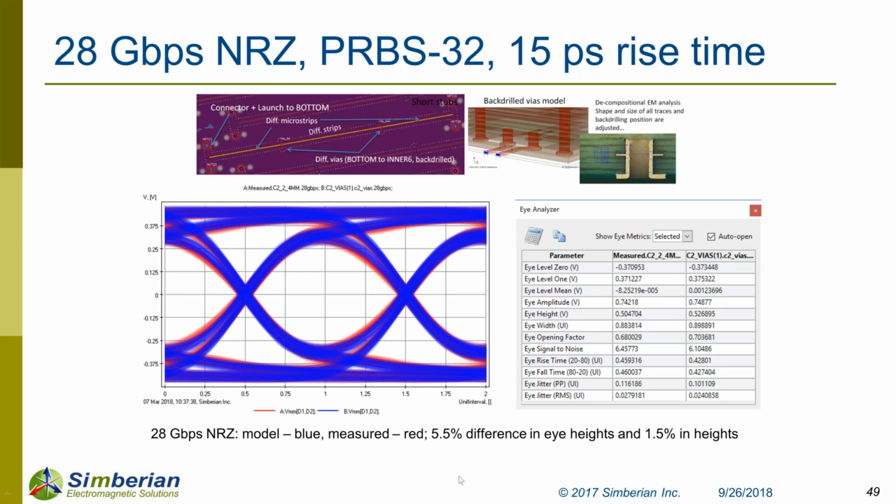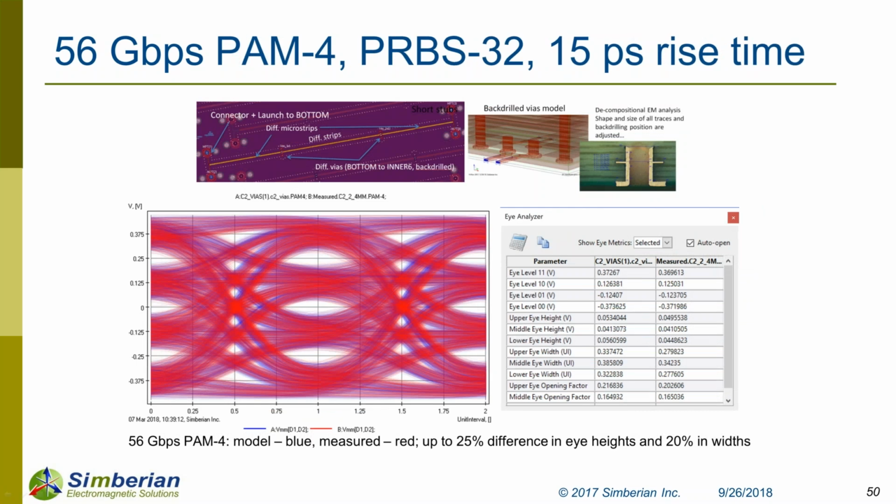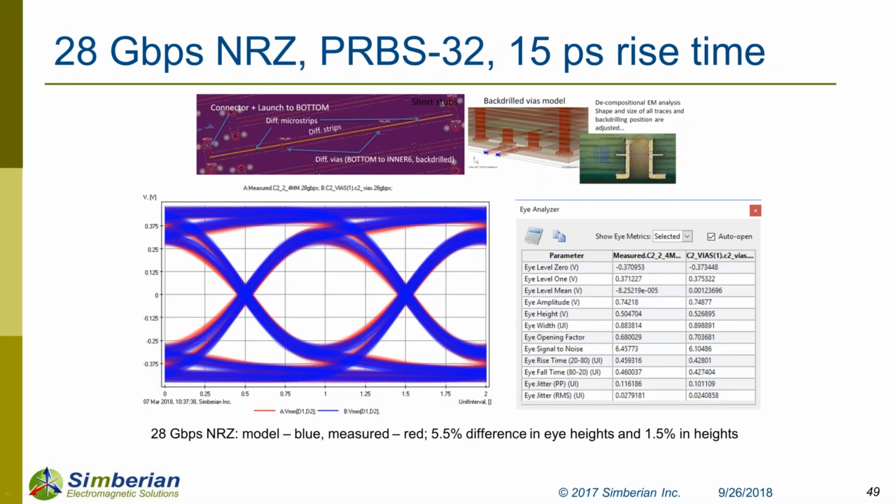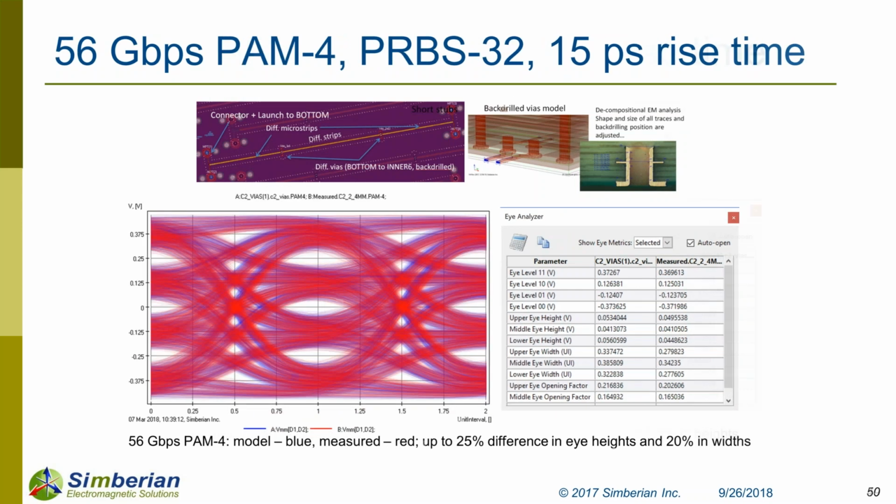So this is the eye diagram. Again, good correlation for this, and not so good for 56 gigabit per second PAM4. And why is it so? Everything is good here. Both the 28 gigabit per second NRZ and the 56 gigabit per second PAM4 signals have theoretically identical spectrum, with energy in the first lobe and the second.